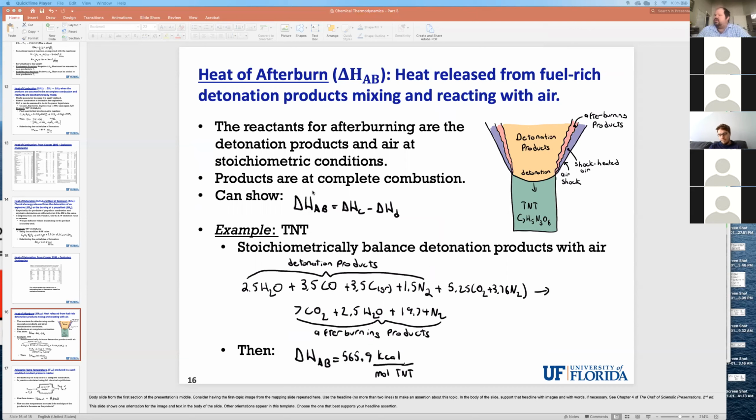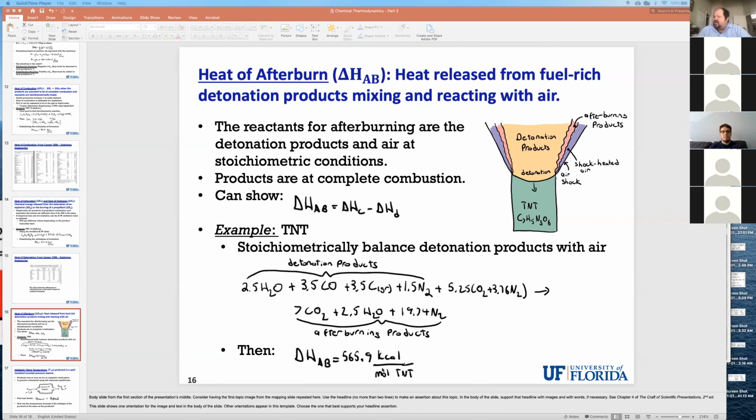You consider the heat of reaction starting from the detonation products, and you add enough air to burn it completely. You can show mathematically that the heat of afterburning is simply the heat of combustion, which considers the whole process from start to finish, minus the heat of detonation. Or you can start from just the burning of the detonation products itself. Either way, you get the exact same number.